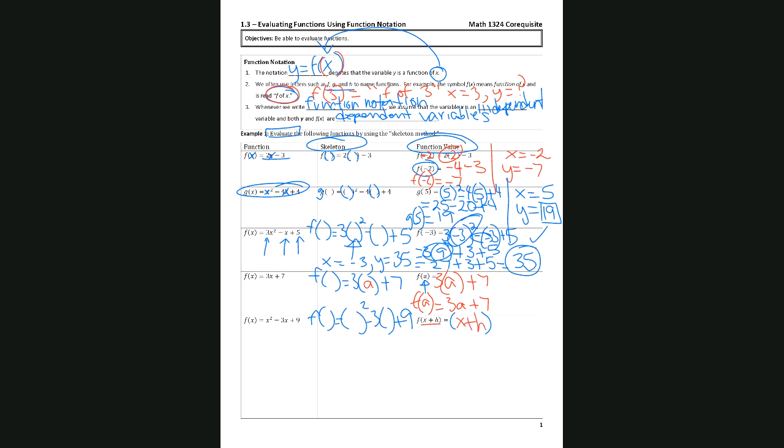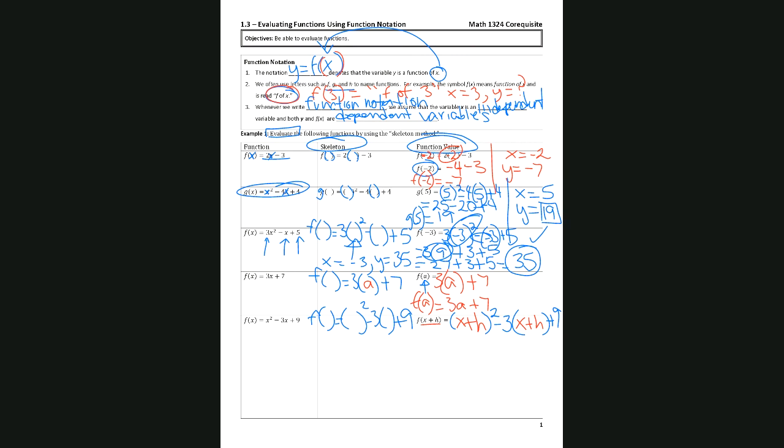Now here we're going to have a square, and then following the same skeleton we need another one here, parentheses, and then x plus h. After that we still need to account for that positive 9 that we have there still.